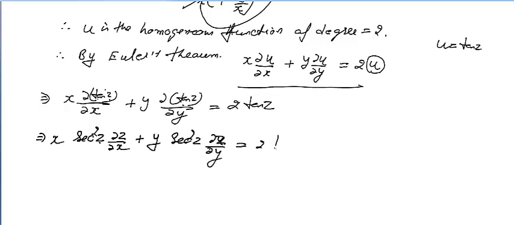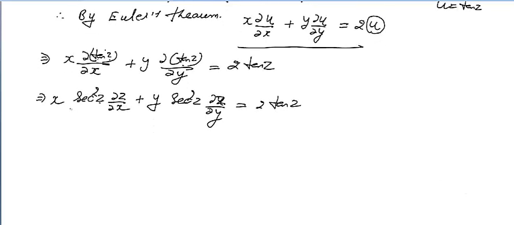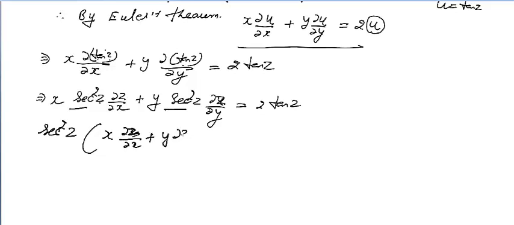The right side will become 2 tan z. Now what happened here? From the left hand side, secant square z is common. You have x ∂z/∂x plus y ∂z/∂y is equal to 2 tan z.